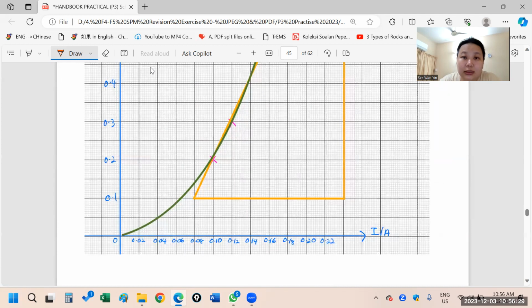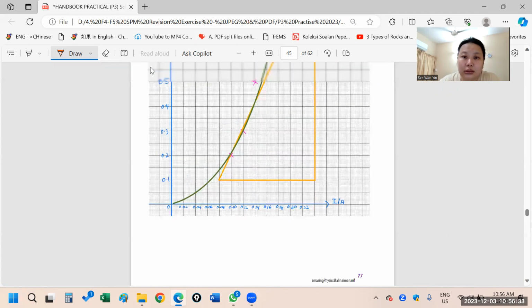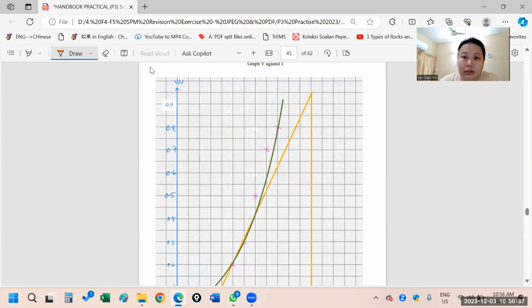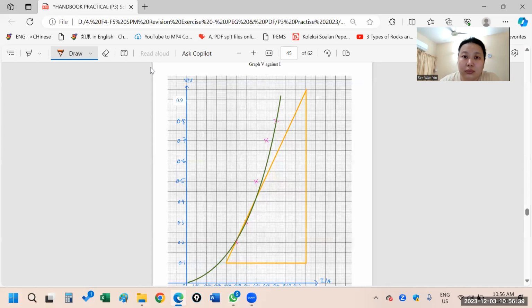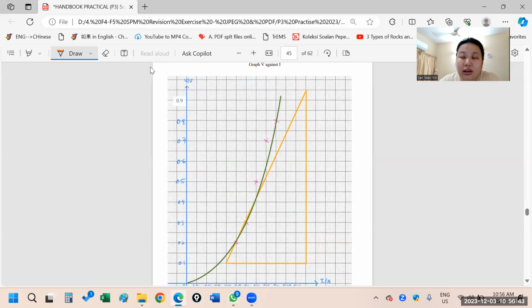Like this. We always use the graph V against I, right?